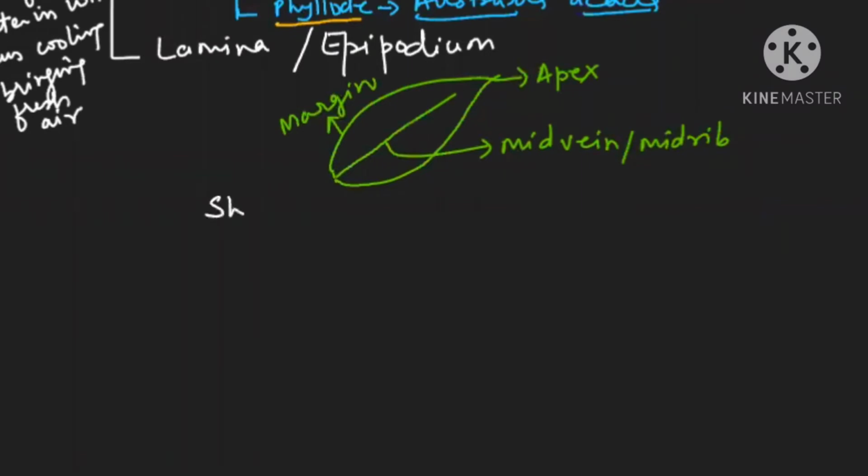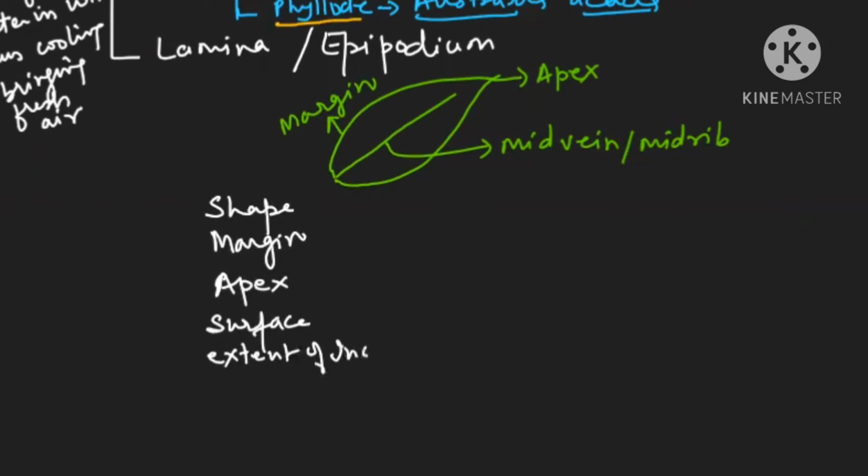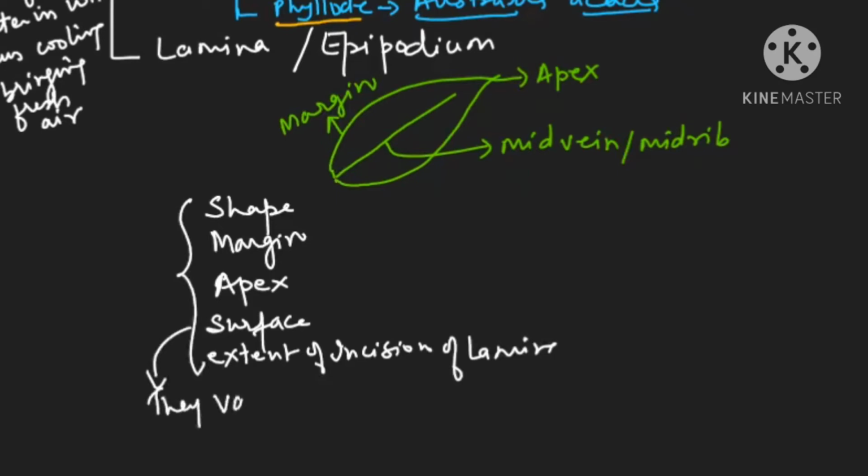Shape, margin, apex, surface of the lamina and extent of incision of lamina. All these five characters vary in different leaves.